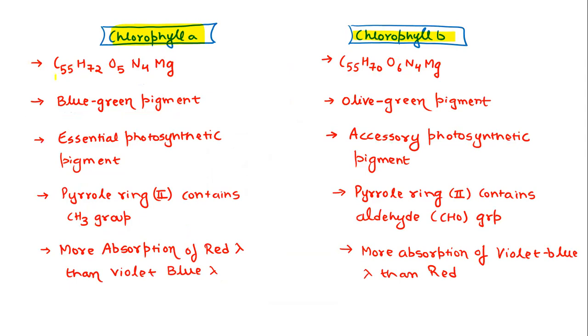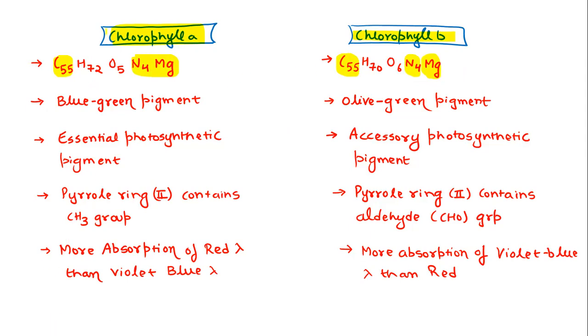So it's quite easy to remember the chlorophyll A and B structure or formula. We have the common part C55 and N4Mg. I'm highlighting the common parts for you. You don't have to learn C55 N4Mg as a differentiating part. It's common between both of them, so C55 N4Mg is always going to be there.